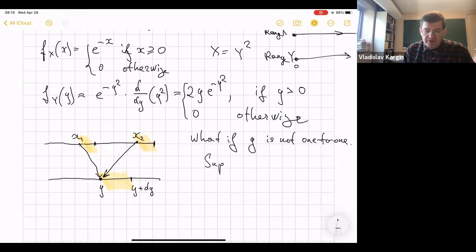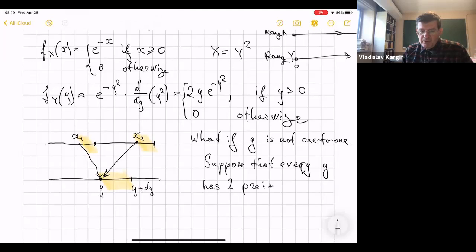Suppose that every y has two pre-images, x1 and x2.